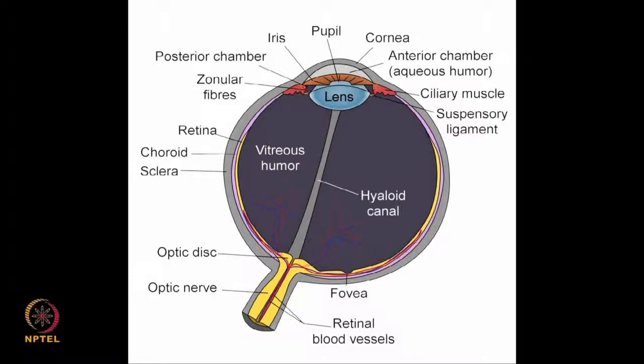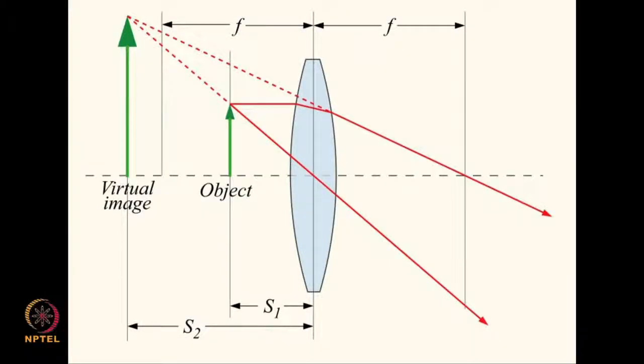Your eye is still going to converge the rays so that it produces a real image on your retina, right? But it gives you the illusion that this object is much larger. Okay? So I just wanted to point those things out.